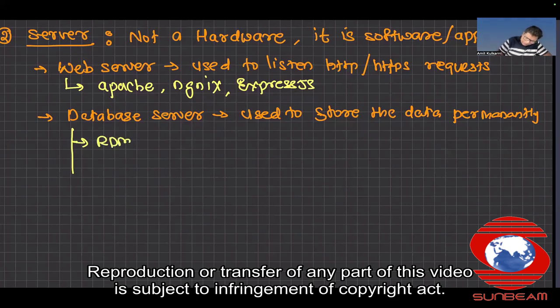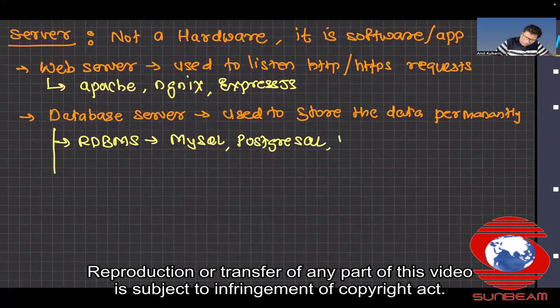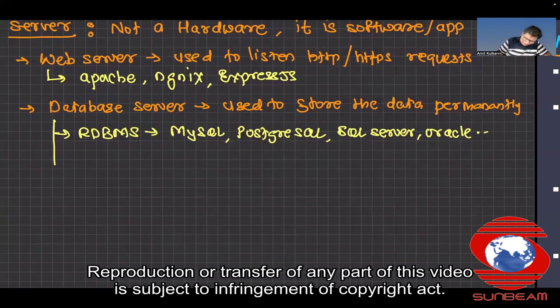One is RDBMS, where DBMS stands for Database Management System. One of the simplest and very popular ones is MySQL. Another is PostgreSQL. Another is Microsoft SQL Server, then Oracle, and so on. There are many other options available there.